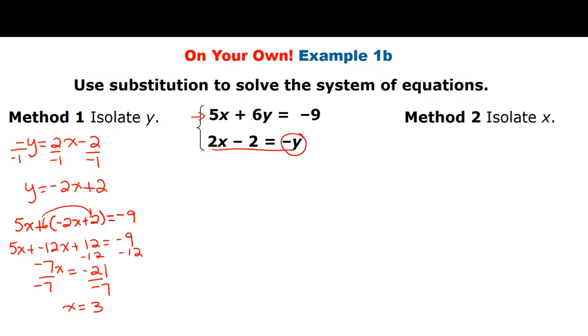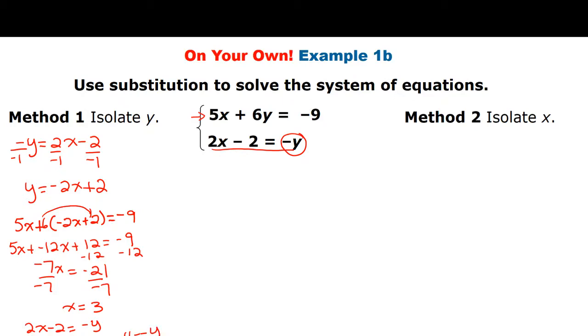Okay, so let's just resubstitute now. Let's use our other equation. 2x minus 2 equals negative y. So let's fill in with our 3. So 2 times 3 is 6 minus 2 equals negative y. So this tells me that 4 equals negative y.